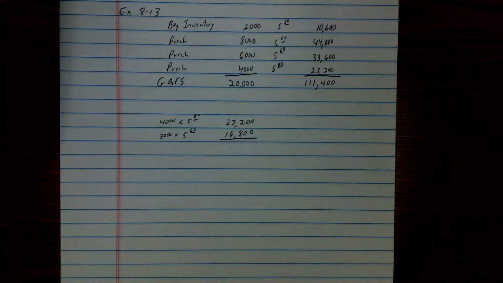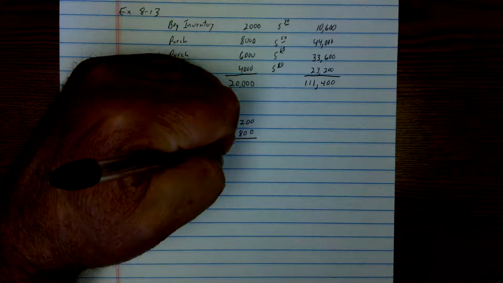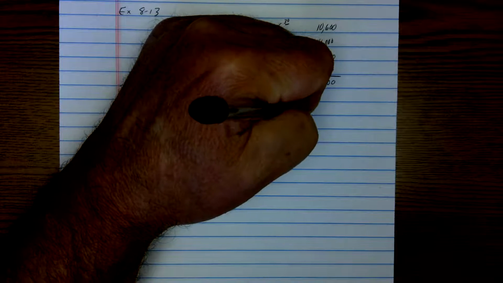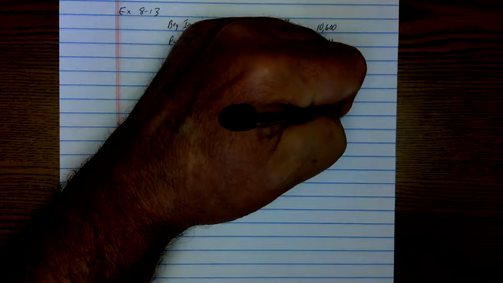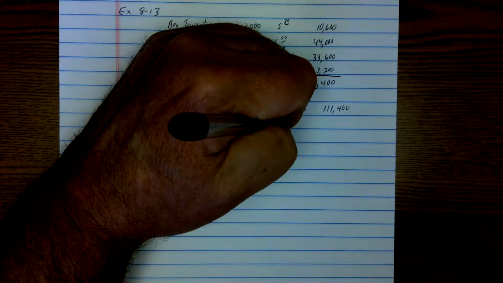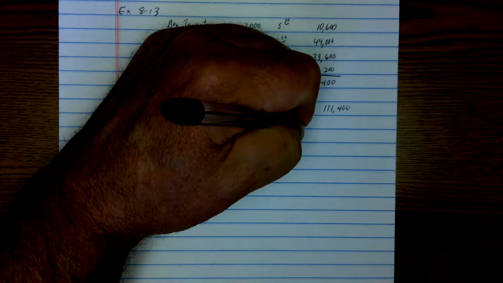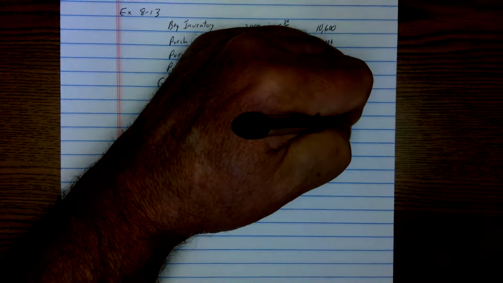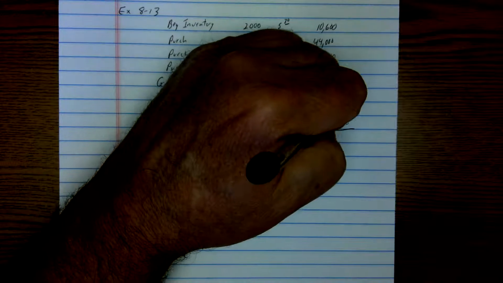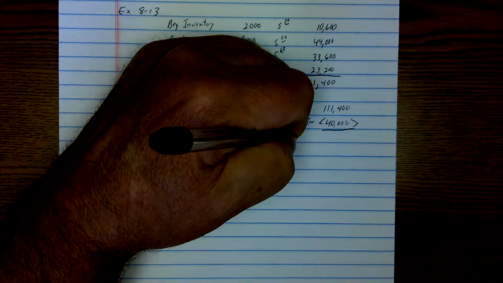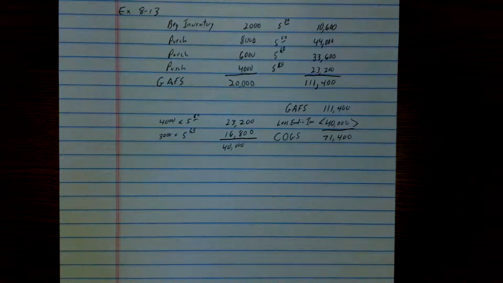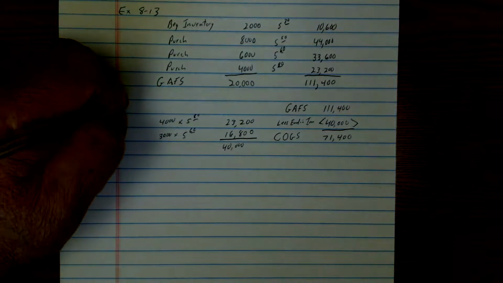Add those up, and that will be $40,000. So we take the goods available for sale, $111,400, less the ending inventory of $40,000. That leaves us cost of goods sold of $71,400. So that takes care of FIFO.